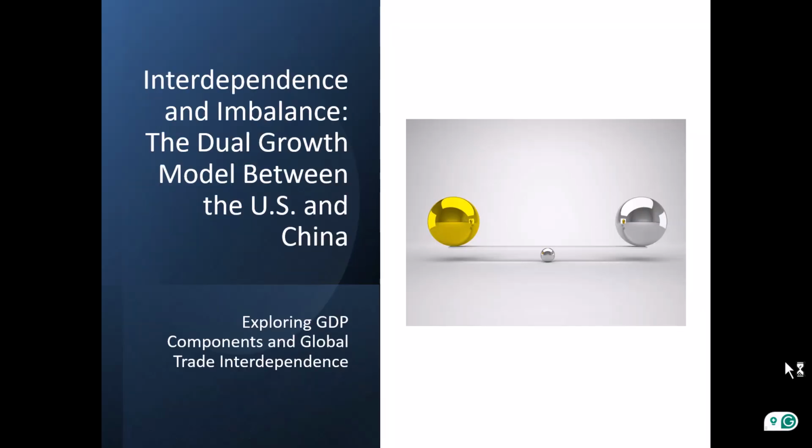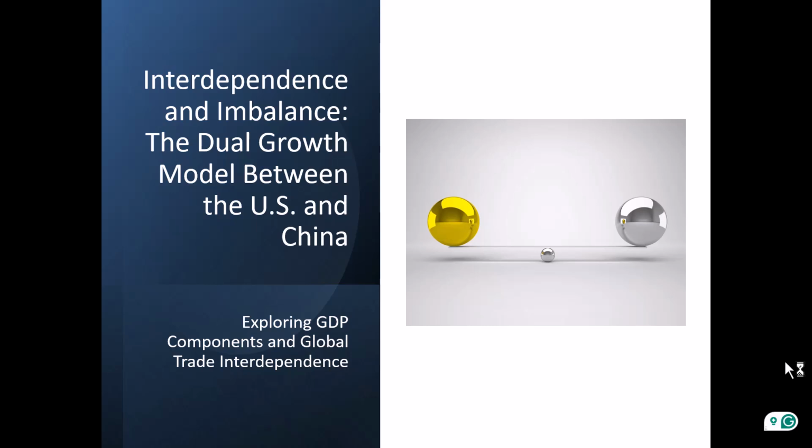Going to begin by taking a look at what I'm referring to as a dual growth model between the US and China. And it's prefaced here with the words interdependence and imbalance. And we're going to get into that as simply as possible with some basic macroeconomic concepts.